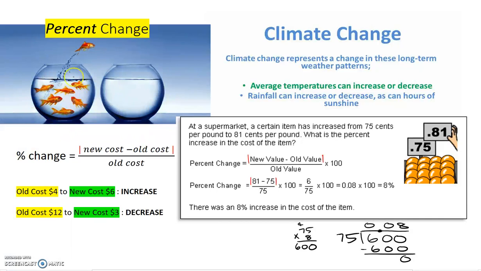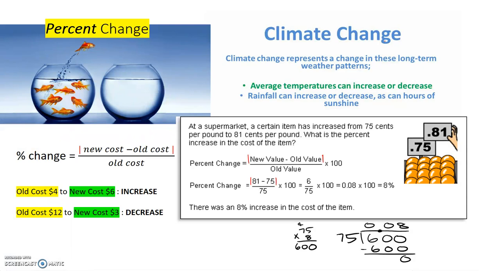Basically, things change and usually we either lose or gain things. And we can think about that as a percentage gain or increase, or percentage loss, percentage decrease. One topic, climate change, is very common to talk about in terms of percent change.